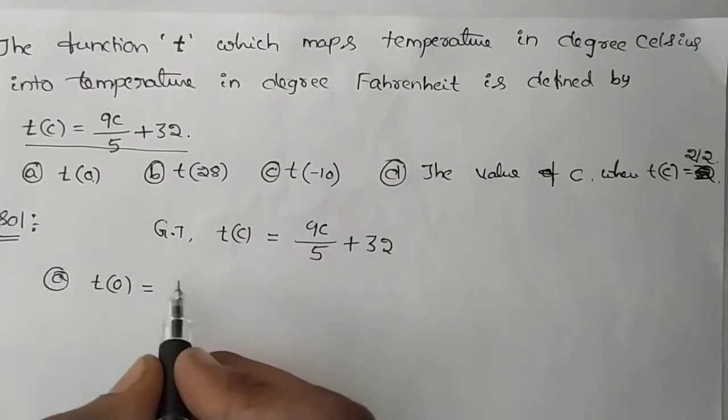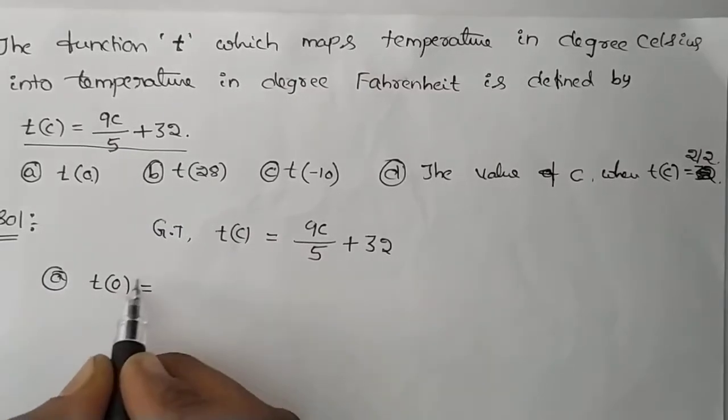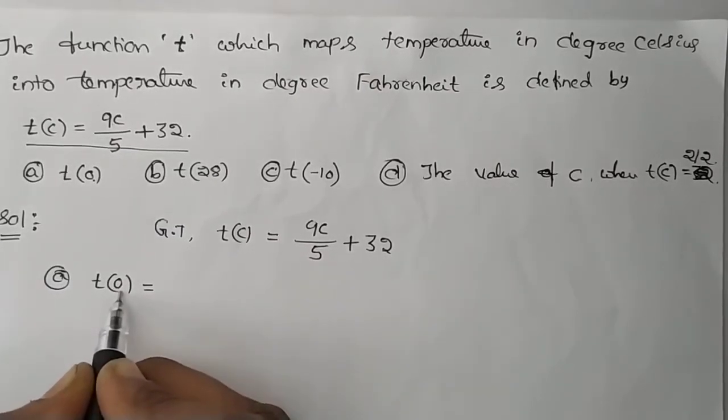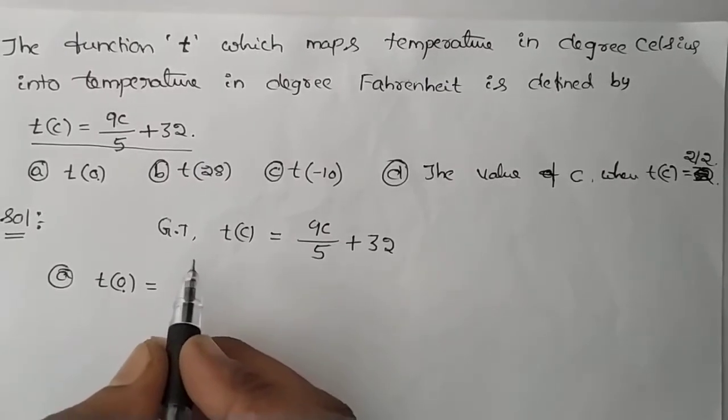T of 0. Here, in place of C we have 0. Wherever C is there, you just replace it by 0.